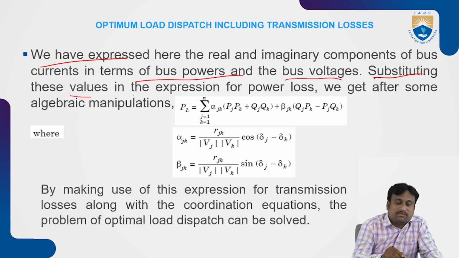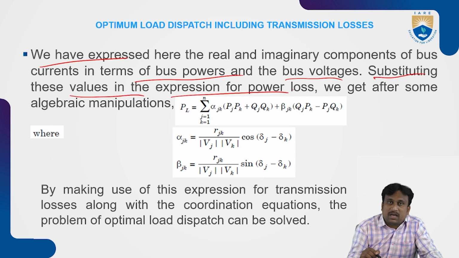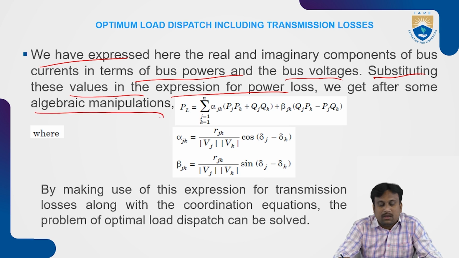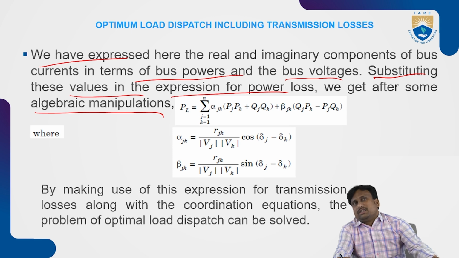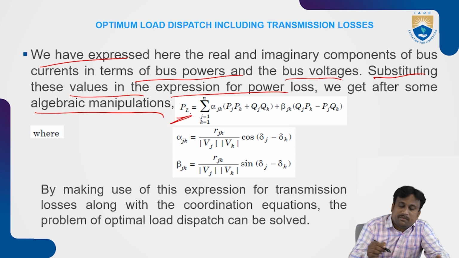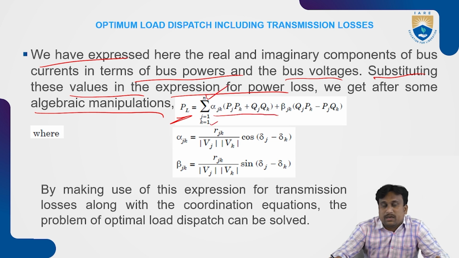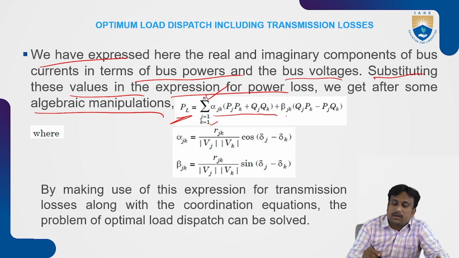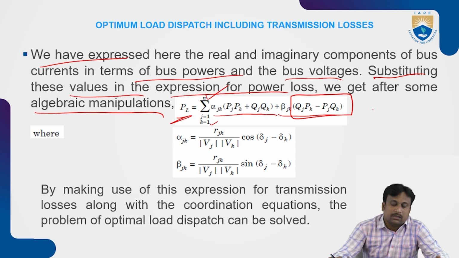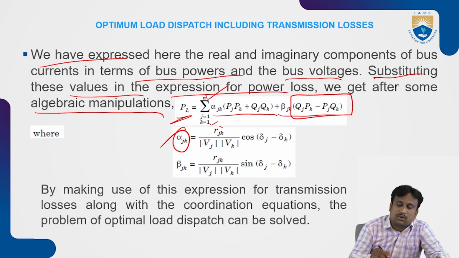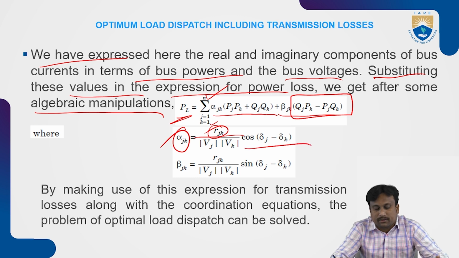Now substituting these values in the expression for power loss, after some algebraic manipulations we get PL equals the summation over j equals 1 to n, k equals 1 to n, of alpha jk (Pj Pk plus Qj Qk) plus beta jk (Qj Pk minus Pj Qk). Here alpha jk equals rjk by Vj Vk cos(delta j minus delta k).